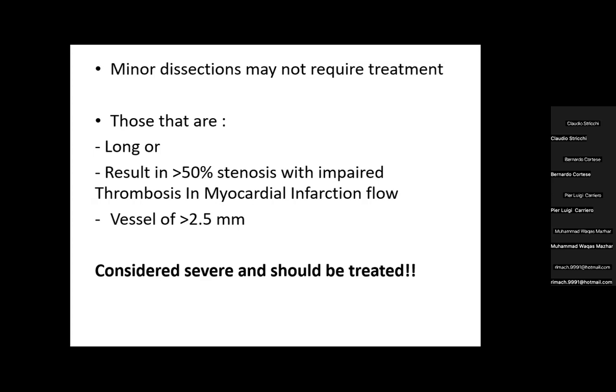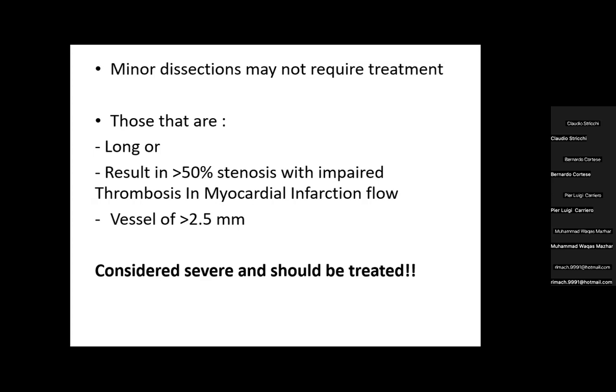For example, if you do a CTO of the RCA, you should use an Amplatz, but you should also be skilled to manipulate the Amplatz 1, 1.5, or 2, because those are associated with a high or intermediate risk of proximal iatrogenic dissection if you are not experienced.